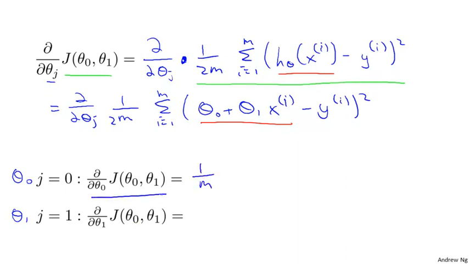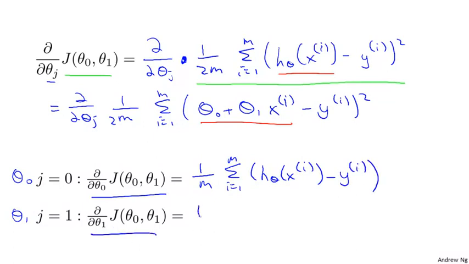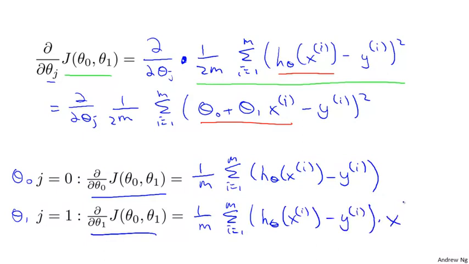It turns out the first term simplifies to 1 over m, sum over my training set of (h(x^i) minus y^i). And for the partial derivative with respect to theta 1, I get this term: (h(x^i) minus y^i) times x^i. Okay?